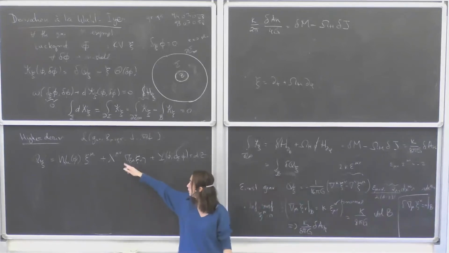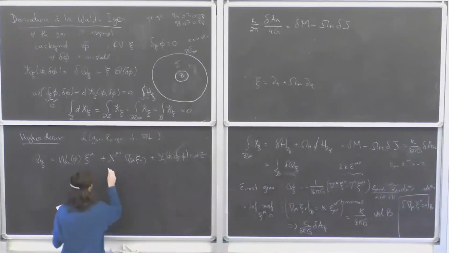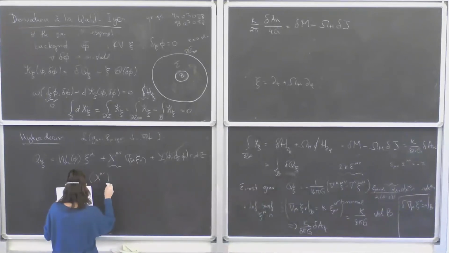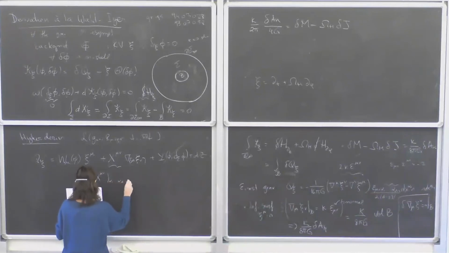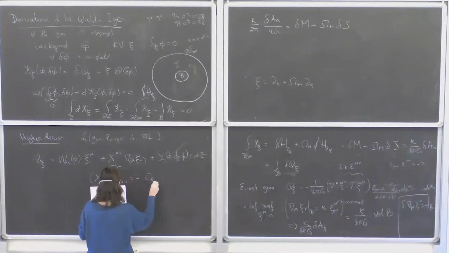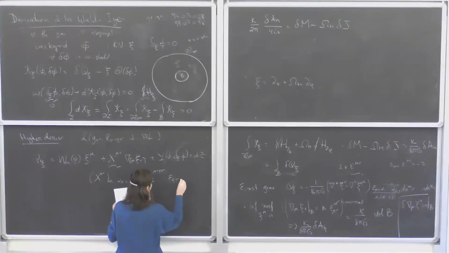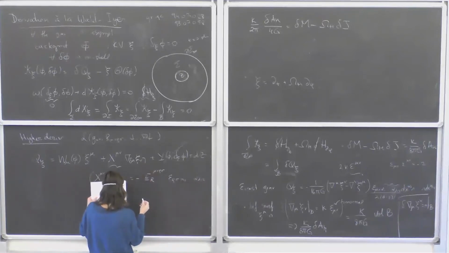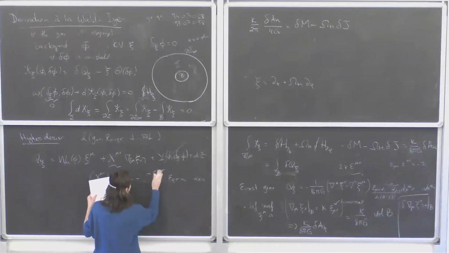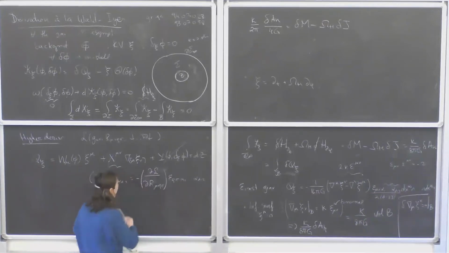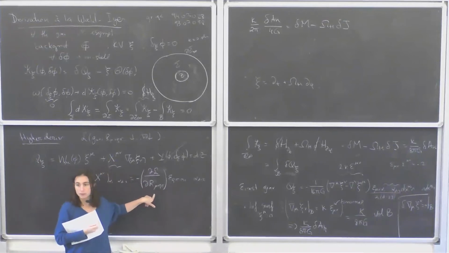Here you just had some epsilon tensor, but in general it's going to be a complicated thing, and they claim that X mu nu, which is a D-2 form, with indices alpha 1 through alpha D-2, is going to be minus E^R mu nu rho sigma epsilon rho sigma alpha 1 through alpha D-2, where this E^R is the variation of the Lagrangian with respect to the Riemann tensor, done as if the Riemann tensor were an independent field.